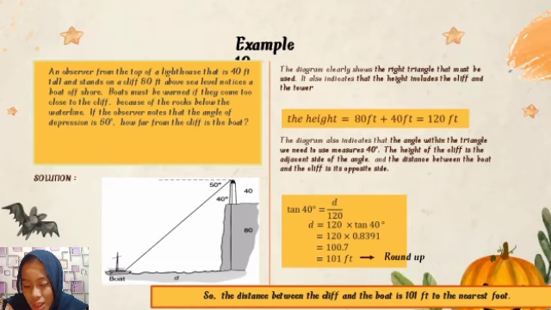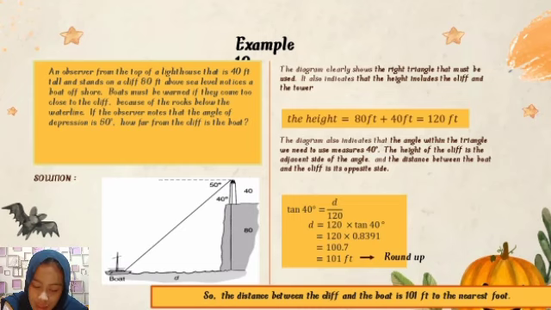The diagram also indicates that the angle within the triangle we need to use measures 40 degrees. The height is the adjacent side of the angle, and the distance between the boat and the cliff is its opposite side.